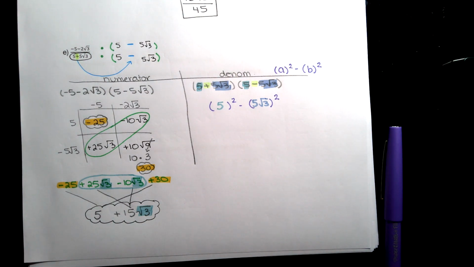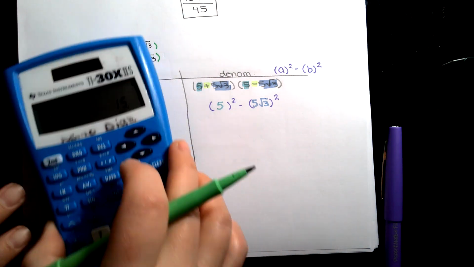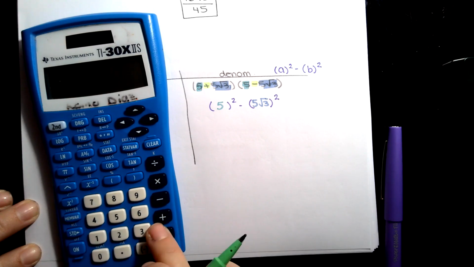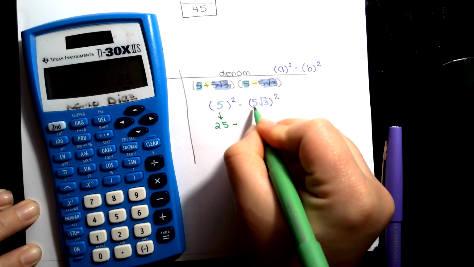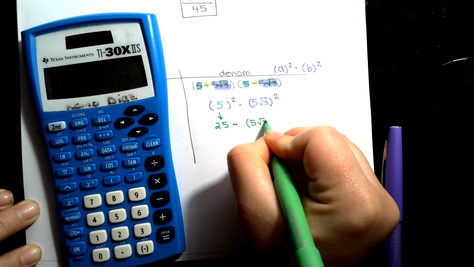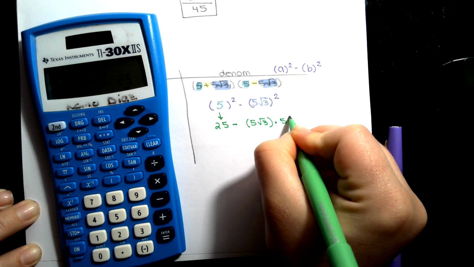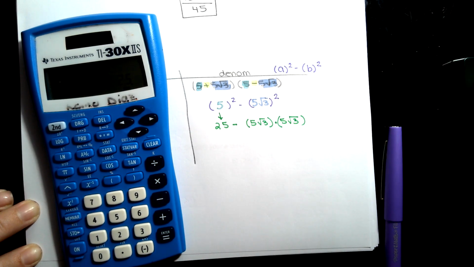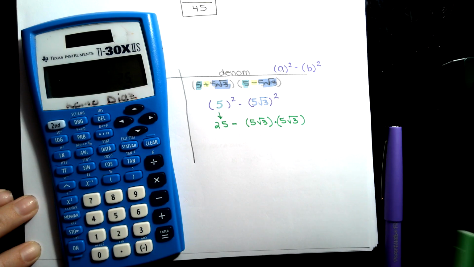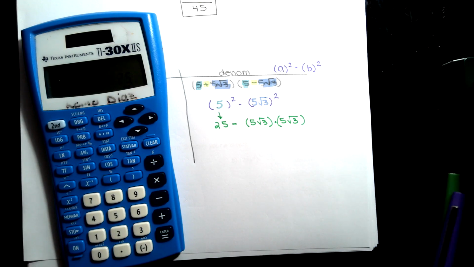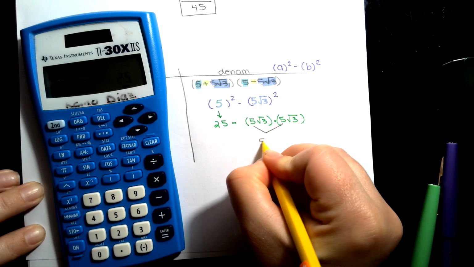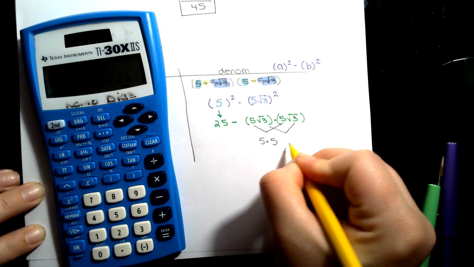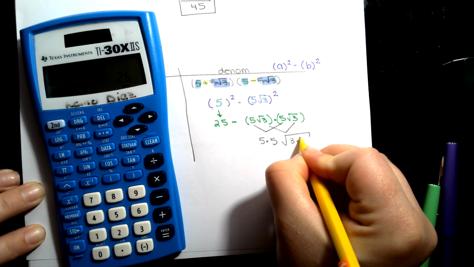Now to expand the 5 squared, we can either use a calculator or our brain, which is just 25. Now here on the other side, we do need to expand this as 5 root 3 times 5 root 3. So 2 bubbles, 2 parentheses here. And then when we multiply, we have to do outside with outside, inside with inside. So 5 times 5. And then inside, we have 3 times 3.